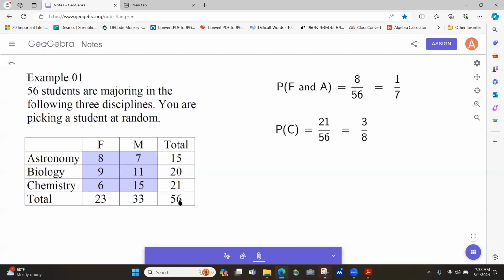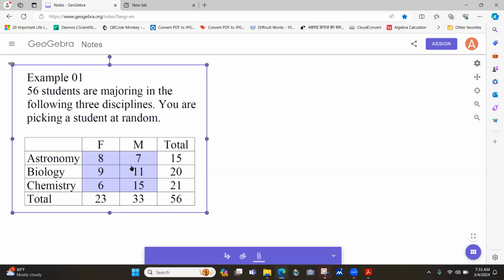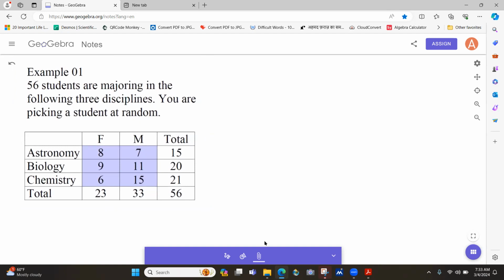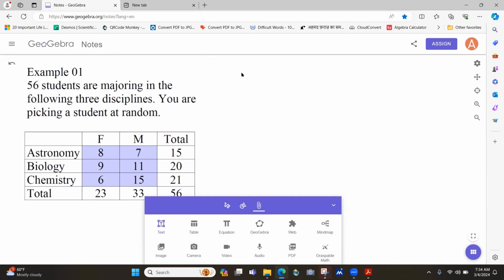Now, this is not a conditional probability problem or question. Now we're going to ask some conditional probability questions. Now I have the same scenario. Let's write it down very carefully.